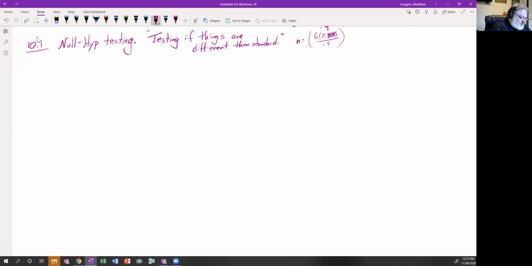So, for example, a machine is meant to put out 350 milliliters of soda for drinks. That's what the machine is built to do.